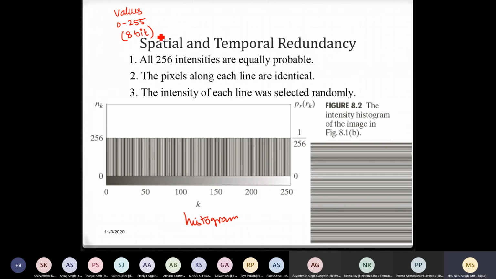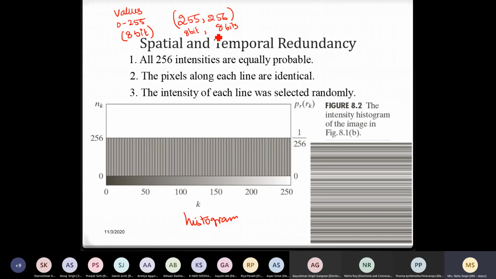And now rather than repeating this 8-bit value 256 times, I simply say that this value has a run of 256. So I again use 8 bits here: 8 bits for the gray level, 8 bits for the run. I define it as an ordered pair every time.